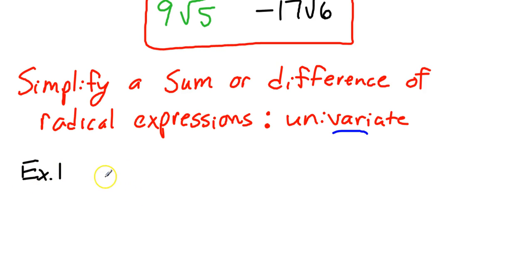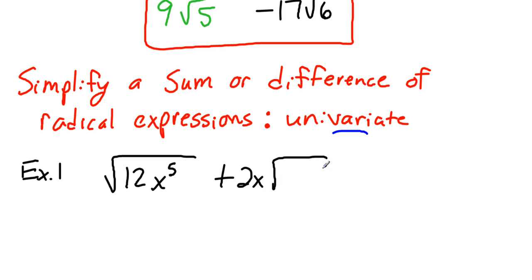So let's go with this. Let's go square root of 12x to the 5th plus 2x square root of 48x to the 3rd.